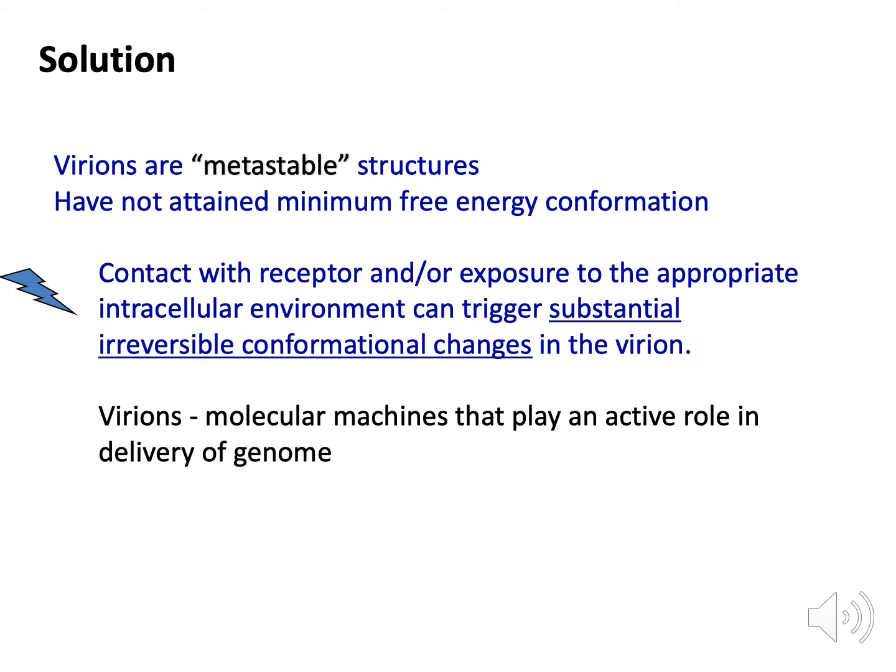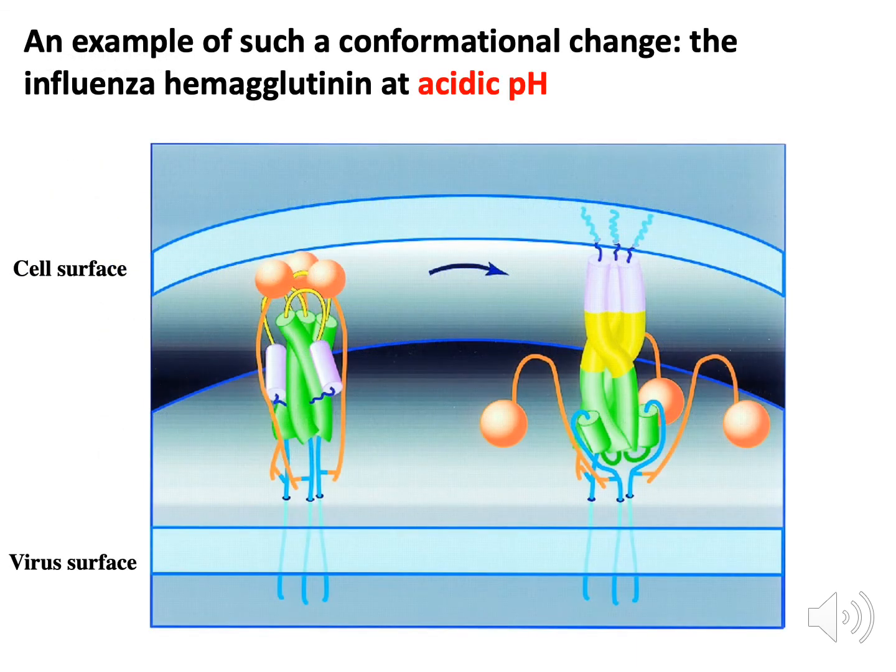And just to give you an idea of what that might look like, this slide shows an example of a conformational change. This is the influenza virus hemagglutinin, the H of H1, or H3, or H5. Then there's another molecule on the surface of the virus that is the neuraminidase, and it gives you the H some number, N some number description of those viruses.